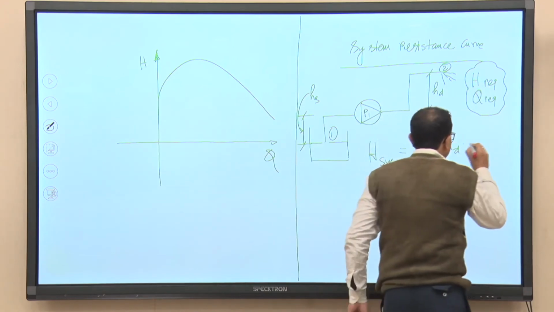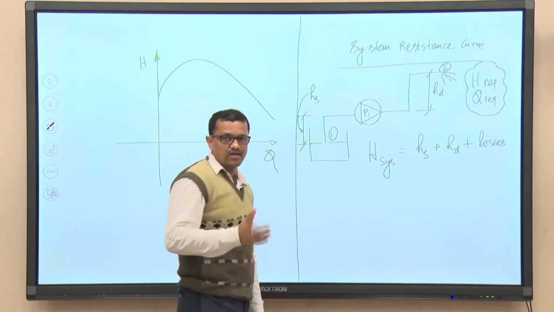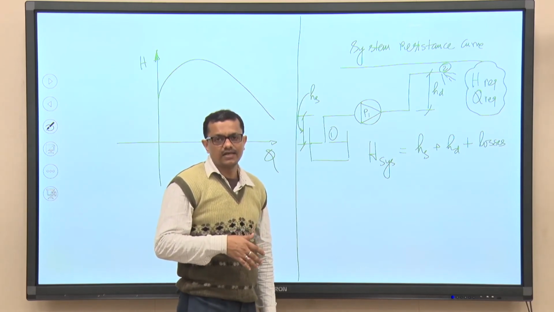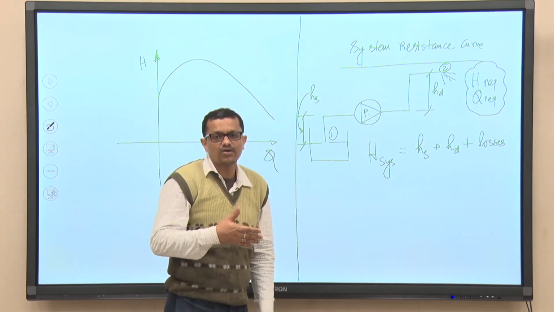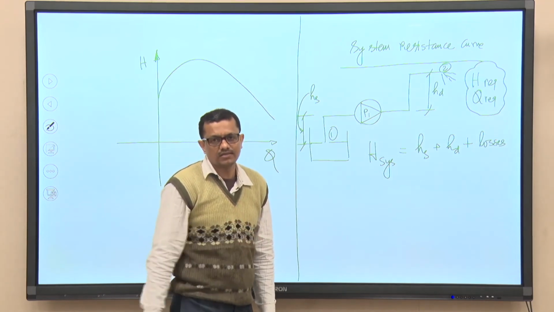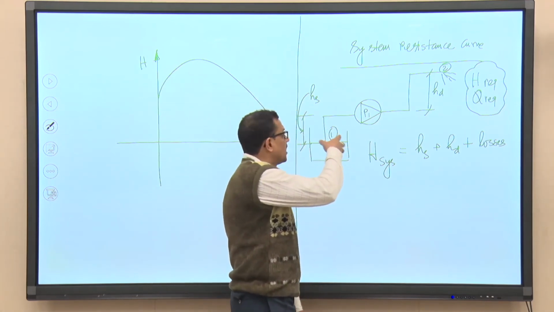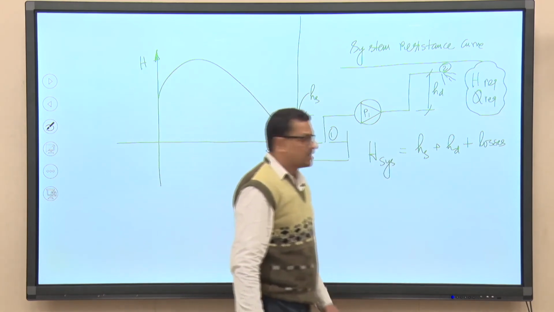Why? Because there will again be some losses. Losses mean that when there are suction and delivery pipelines, as I was saying, there will be valves at both the suction side and the delivery side. When the fluid is flowing through the valve, valves are definitely not always fully open, so there will be losses. Also there will be different bends, and frictional losses, pipe friction losses. So, all losses will be there.